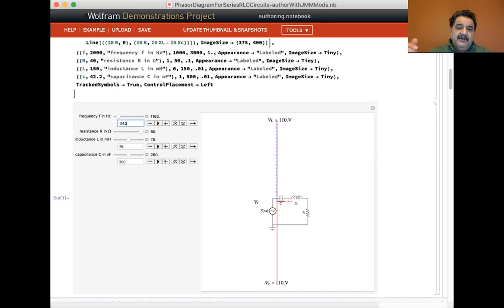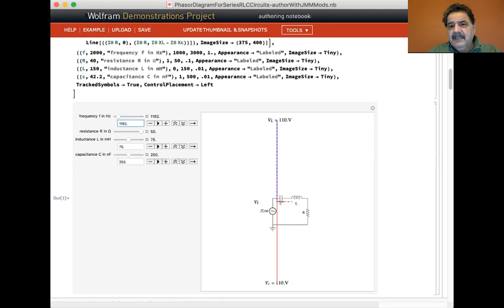V sub C is 110 volts in the negative direction, and so they cancel out, and it's all on the resistor. So now, for extra points, show me the equation where I got 1162. That should be fairly easy to do.